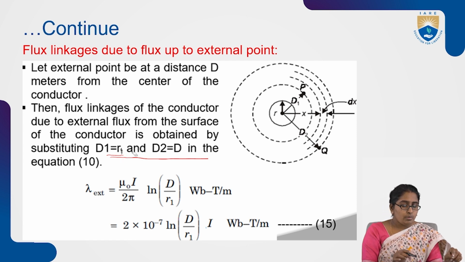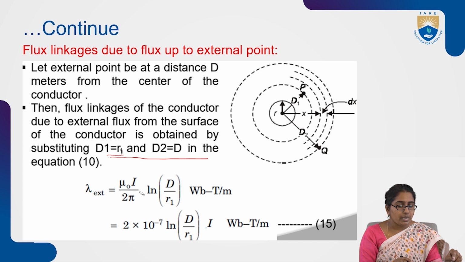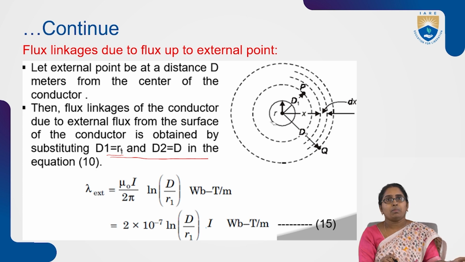So now if we apply this in the previous expression, mu naught I by 2 pi into log of d2. What is d2? Capital D, that is equal to the distance between the two conductors in a single phase transmission line, and down we have r. Just to understand, this is nothing but the radius of the first conductor, that is a minimum value.